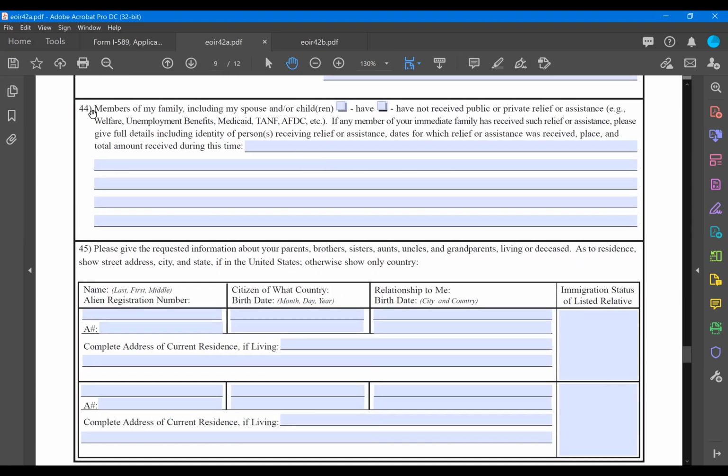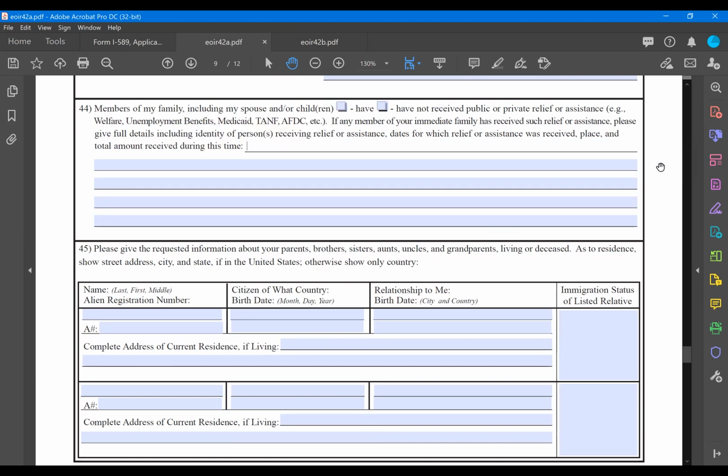Now, this is a similar question to the one above where we asked if I had ever received any assistance, but this question is whether members of my family, including my spouse or children, have or have not received public or private assistance. So if somebody is getting food stamps and yeah, it comes to them, but it's in their child's name, you do not mark question 40 or 41 above, you mark this question, question 44, because really those food stamps are in the name of the child.